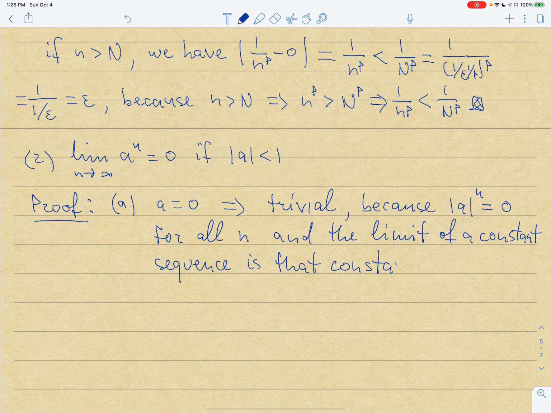Right, so if I have a sequence that consists of all zeros, then the limit must be 0.